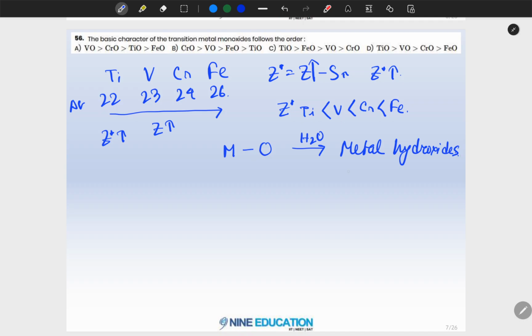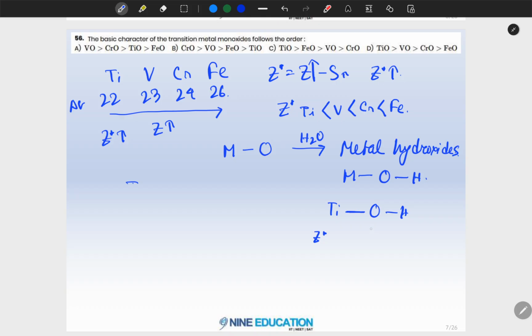So the MO bond will be converted to the MOH bond. Titanium, if I dissolve it in water, will give titanium hydroxide. Since the effective nuclear charge of titanium is less, titanium will not be able to pull the electron cloud of the Ti-O bond toward itself.